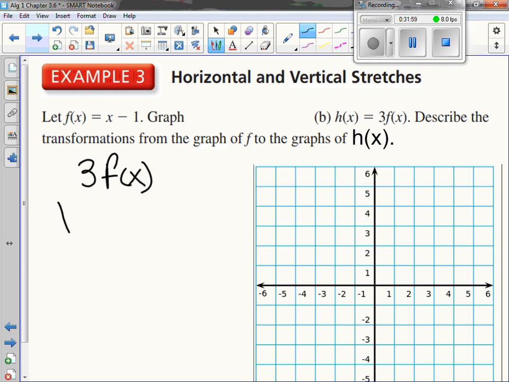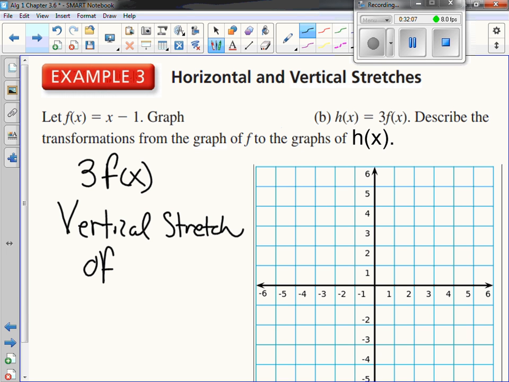So this would be a vertical stretch of 3. If it's a shrink, we say vertical shrink of, and we give what the number is. Any questions on this here so far?